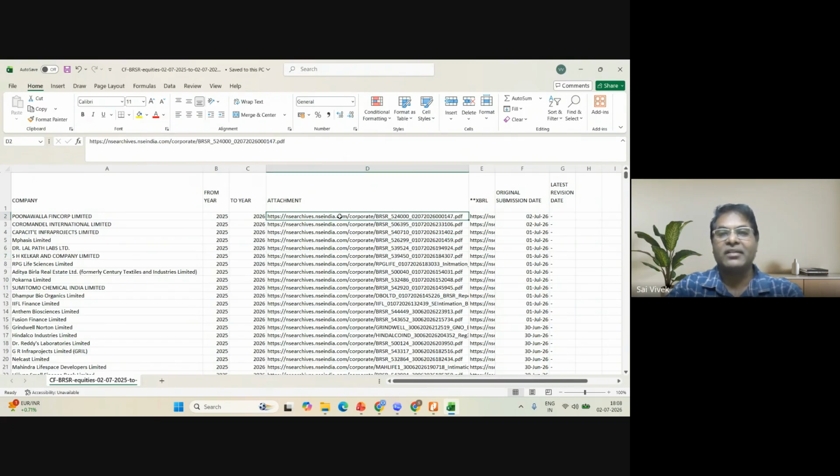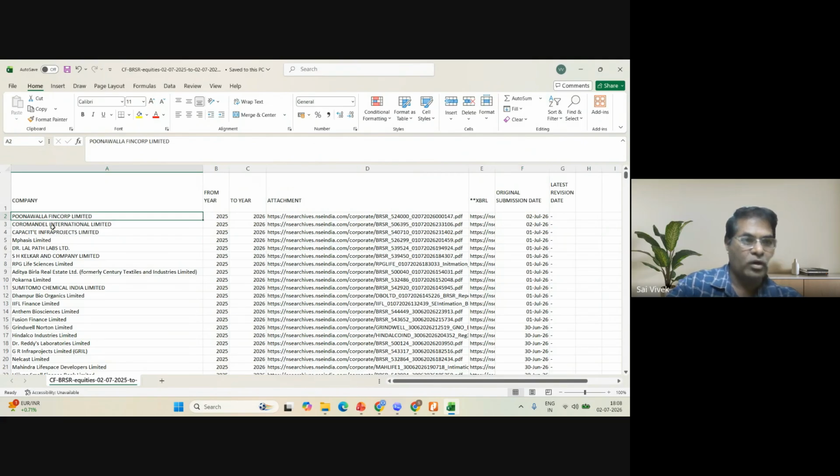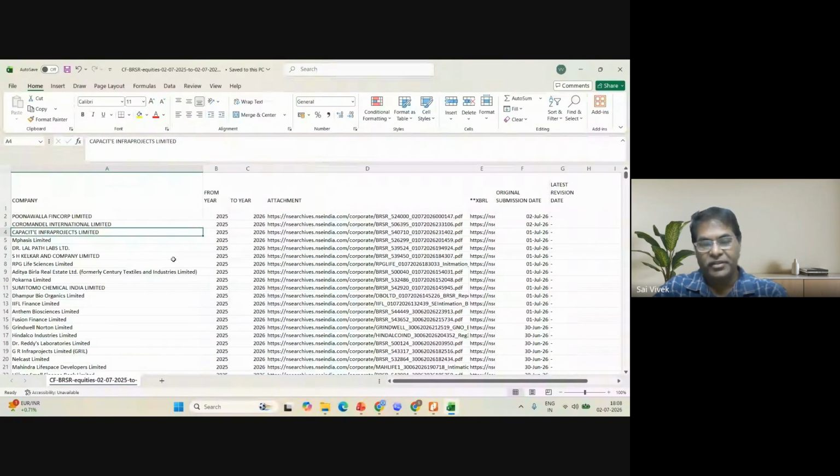And here we have got the direct PDF links of all the BRSR reports. The original date of submission is also given here. So you can see that 2 companies have submitted their reports today, Poonawalla and Coromandel. Whereas yesterday, Mphasis and Capacit'e Infra Projects have submitted them.